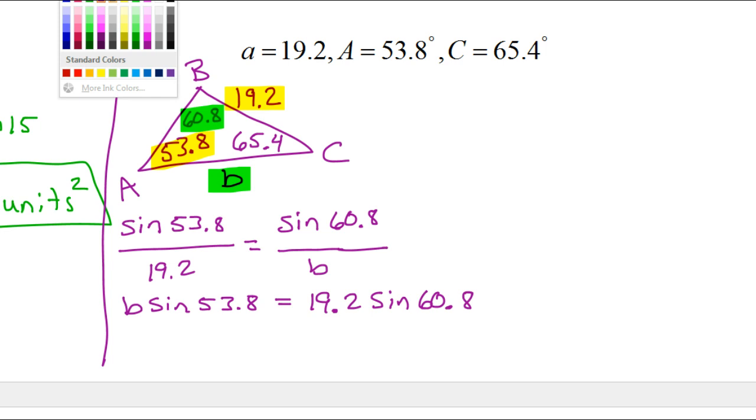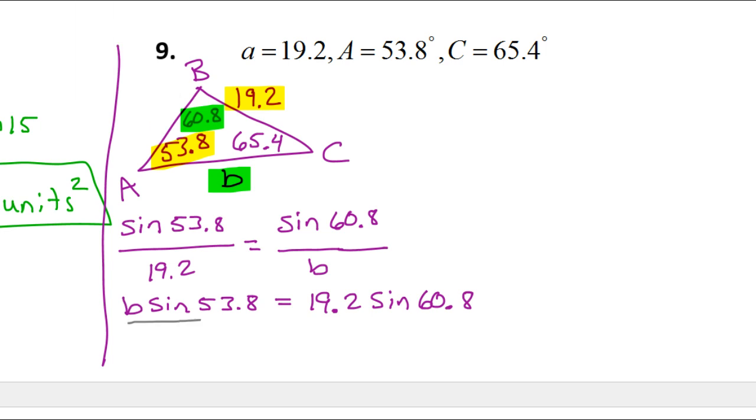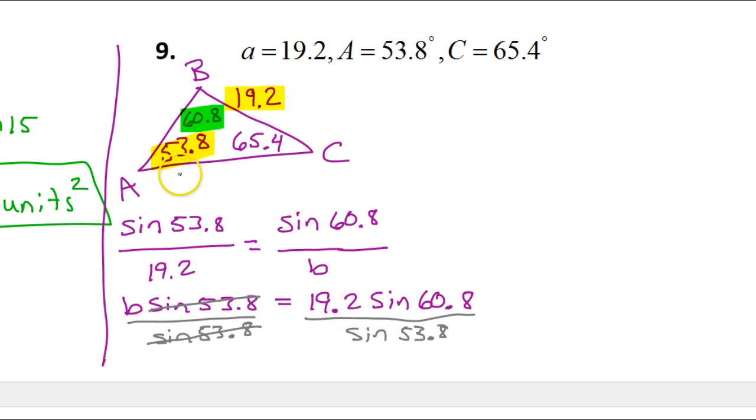And then we will divide both sides by sine 53.8. That way I can cross these out and get B by itself. I'm going to go ahead and put this in my calculator off camera. Okay, so for side B, I am getting 20.769.